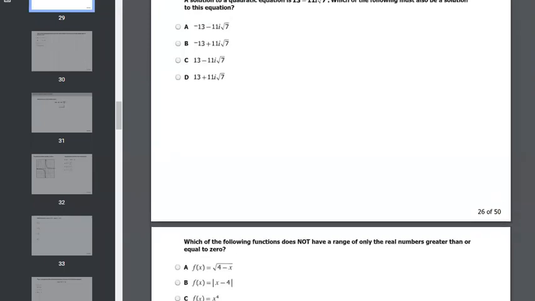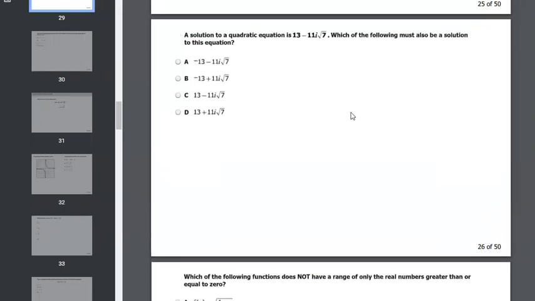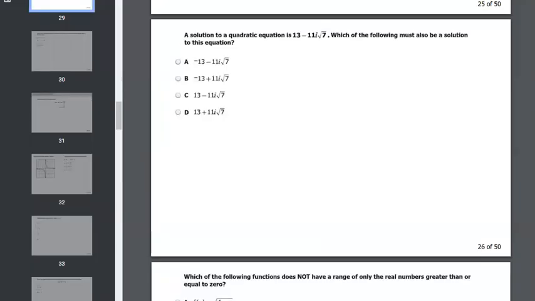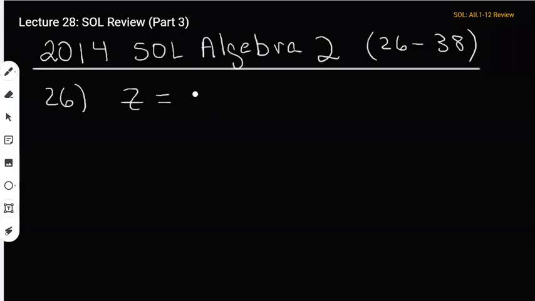It says a solution to a quadratic equation is 13 minus 11i square root of 7. If this is true, which of the following must also be a solution? So let's write that down. We got z equals 13 minus 11.